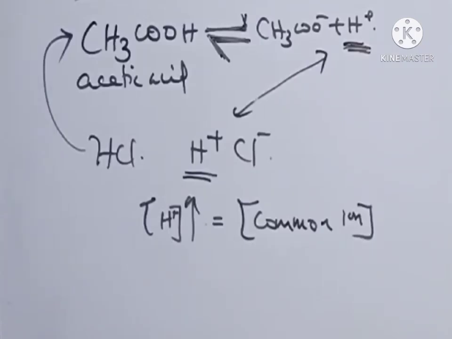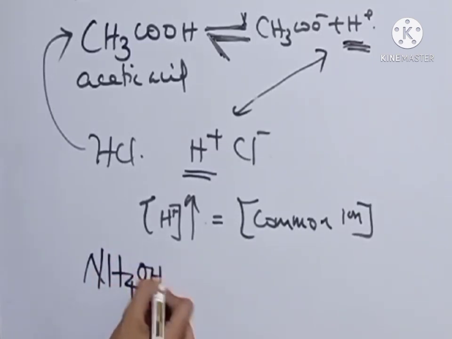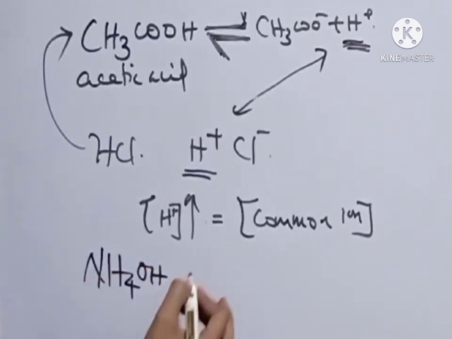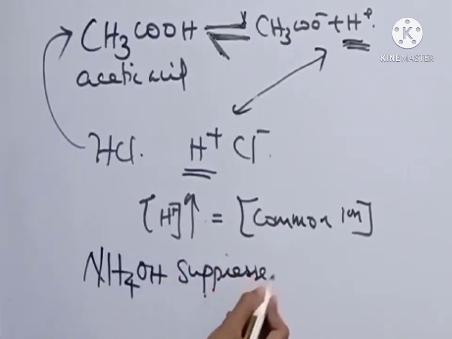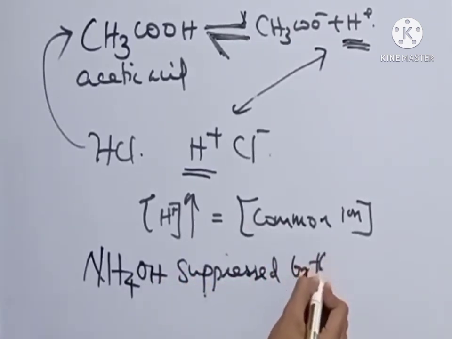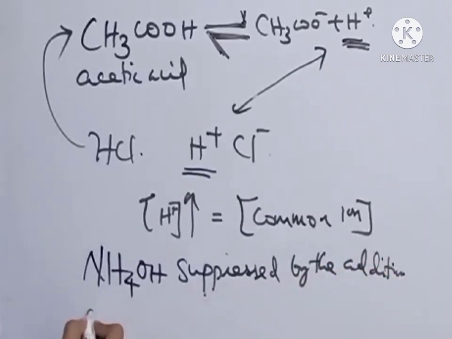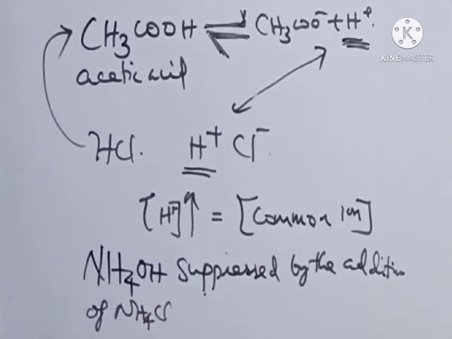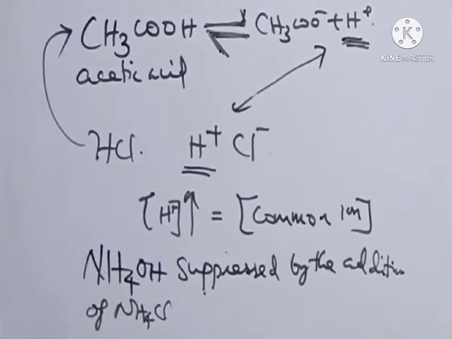In the same way, the dissociation of ammonium hydroxide will be suppressed by the addition of ammonium chloride. Here ammonium chloride is a strong electrolyte and ammonium hydroxide is a weak electrolyte.